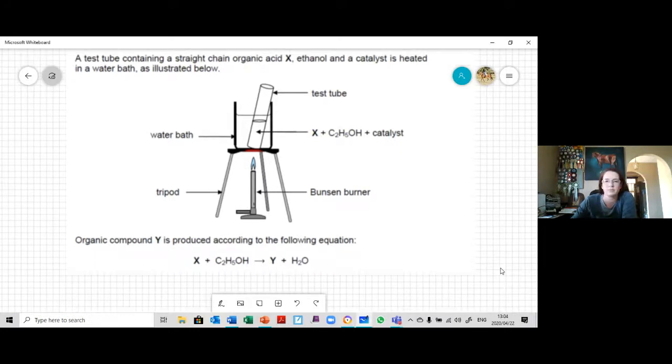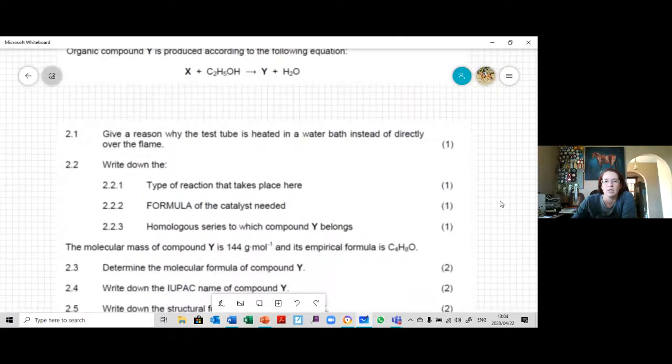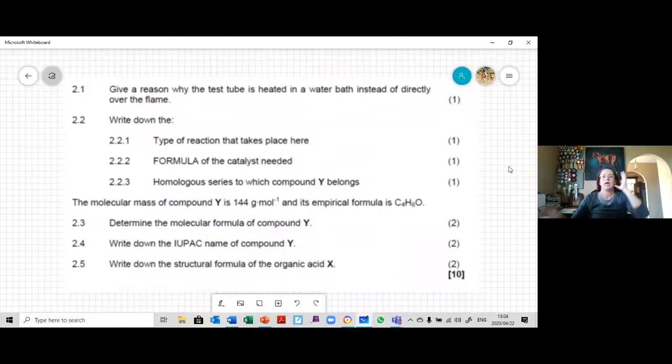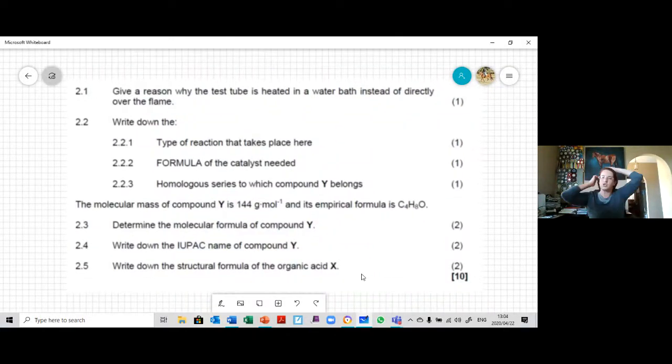So here are the questions. And you'll see that these are quite short. The reason why I chose to do quite a short one today is because I want to also look at how you approach questions when you do investigations.